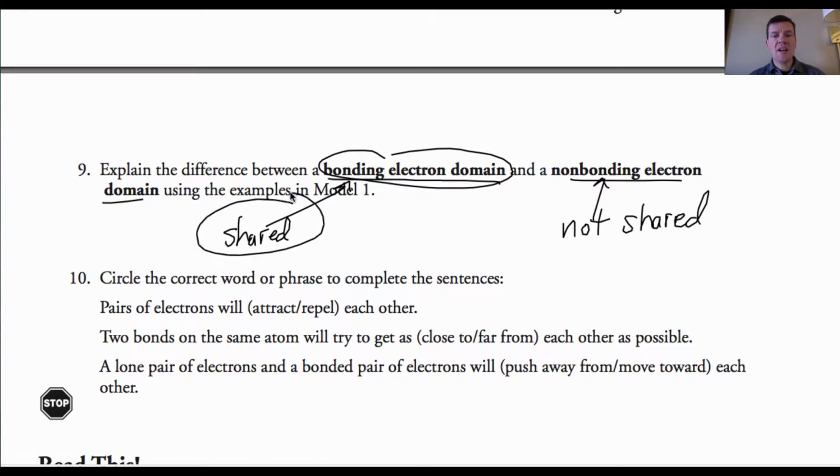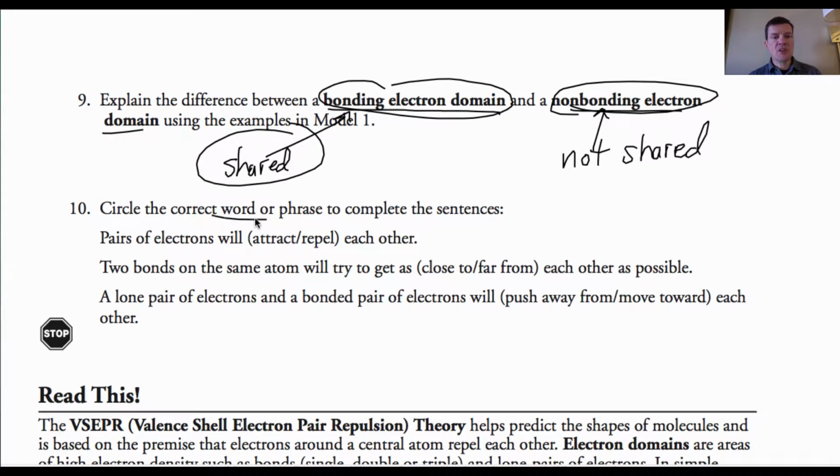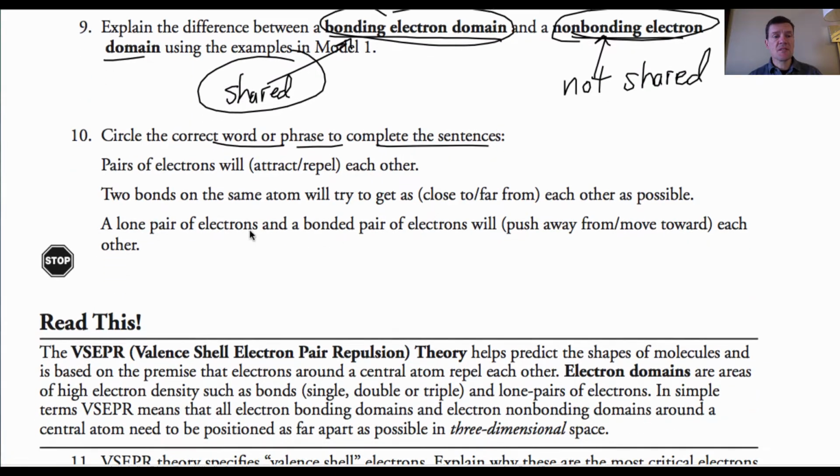So the bonding electron domain means that you have electrons that are being attracted to and held on by both atoms that are being bonded. Here, you have non-bonding electrons. Those non-bonding electrons spend most of the time just around one atom, not being shared between two atoms, not being shared between two nuclei. Circle the correct word or phrase to complete the sentences.